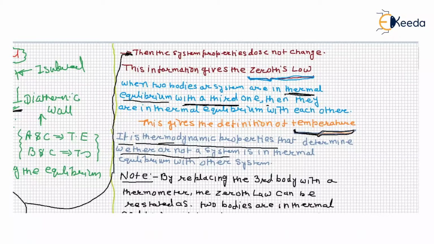That means it is a parameter to check whether the system is in thermal equilibrium or not. Why? Because this property is sufficient to give the information about whether two systems are in thermal equilibrium or not. That means if two systems are in thermal equilibrium, the change of temperature is zero. If there is a change of temperature, that means there must be an unbalance between the properties and heat will flow.